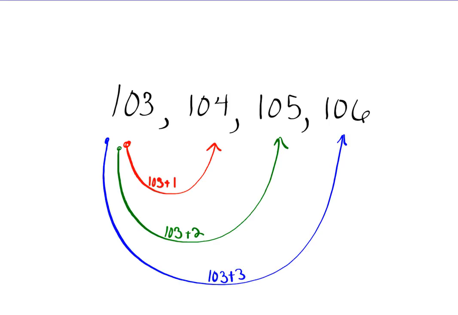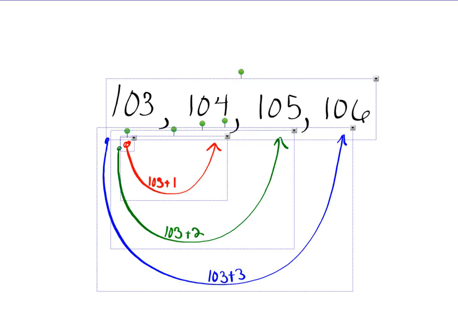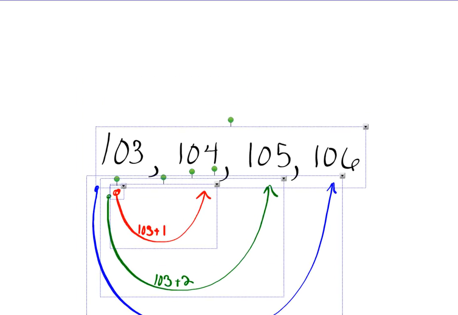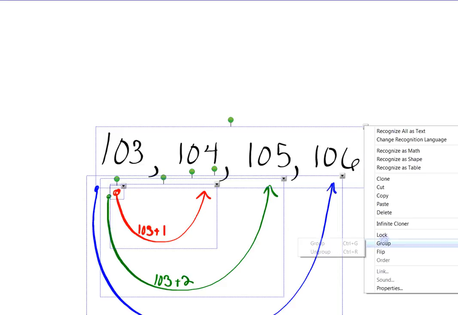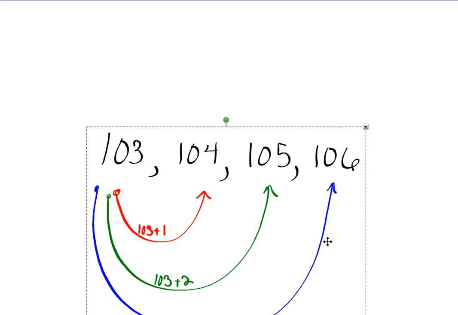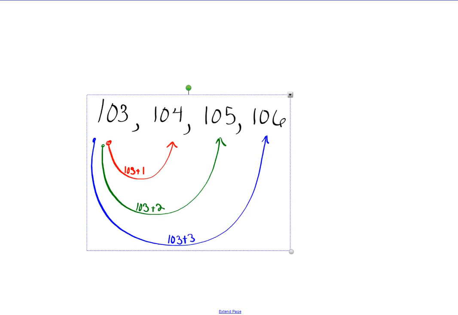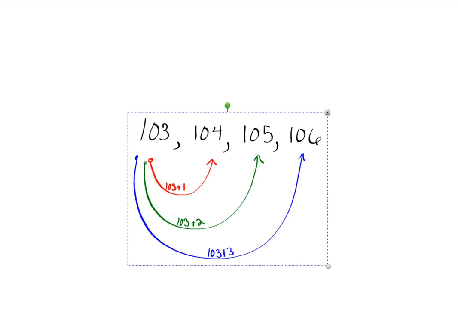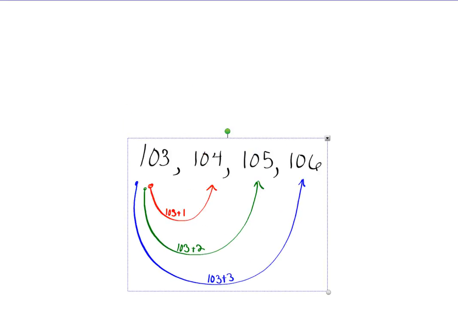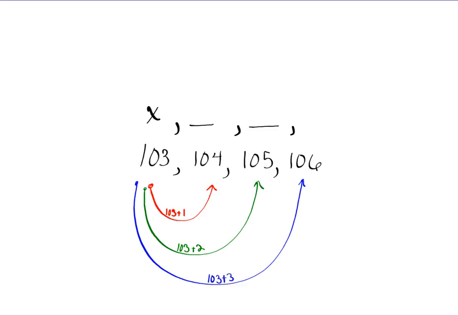Now, let's look at this situation in the exact same way, as if we were talking about variables. I don't know what they are, but I know my pattern has to happen. So let's look at if I started with x. I've got some consecutive integers happening here.